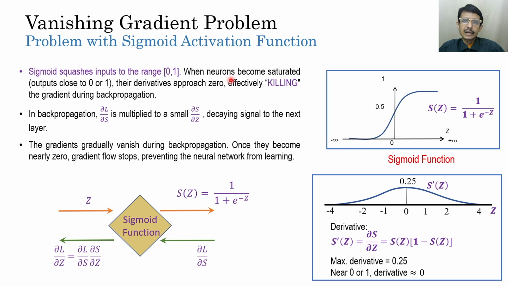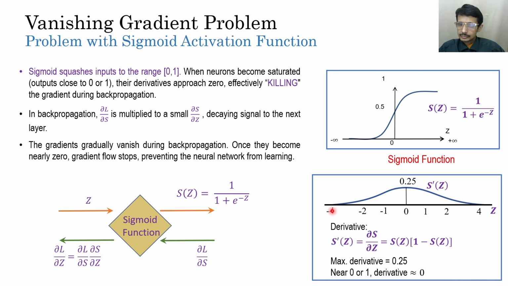When the neurons become saturated, with output close to 0 or 1, the derivative approaches 0, effectively killing the gradient during backpropagation. You can see that at these nearby positions, the derivative of sigmoid is closing to 0, here also.